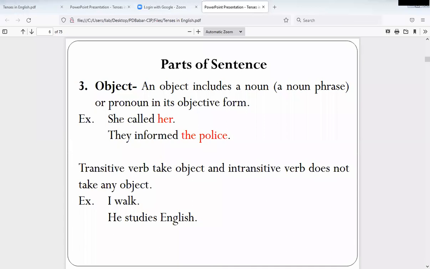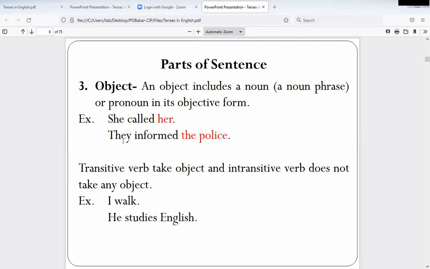Then see the next example. They informed the police. Here they is the subject, informed is the verb. It is also called the main verb. Inform is the verb, and its second or third form is informed; the ed suffix is added to the word.